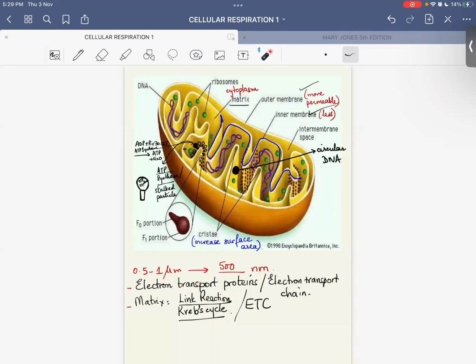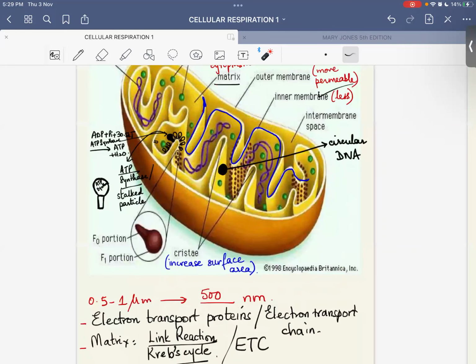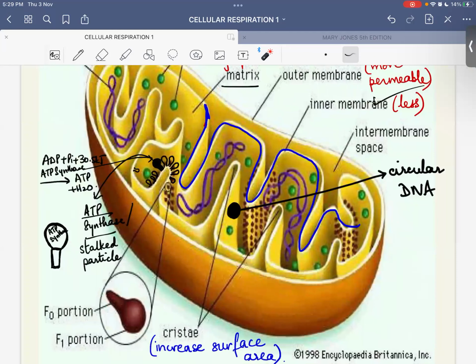ठीक है, अच्छा. Another thing, on these cristae, we also have some transport proteins. ठीक है, आपने जरूर किए होंगे transport proteins, channel proteins, carrier proteins. So we have lots of transport proteins on the cristae besides the ATP synthase molecule.